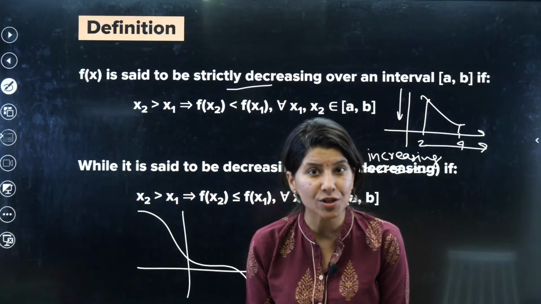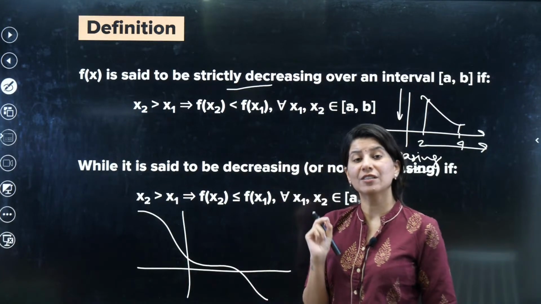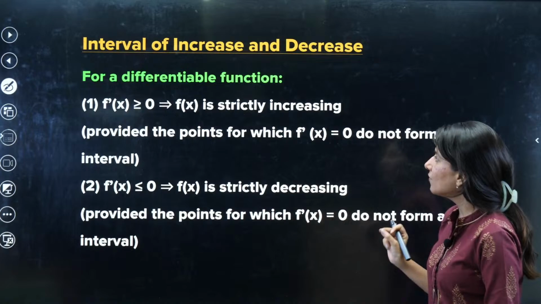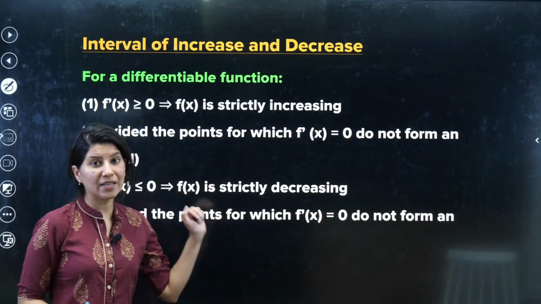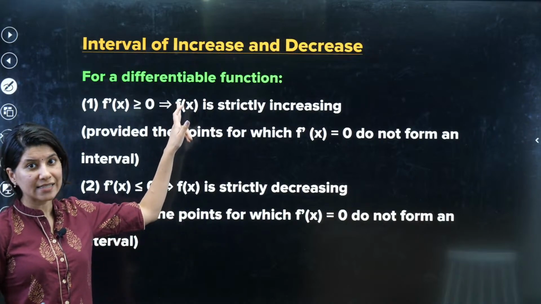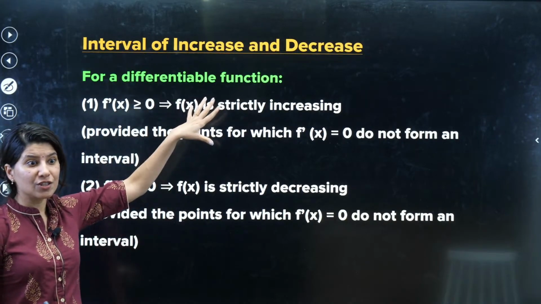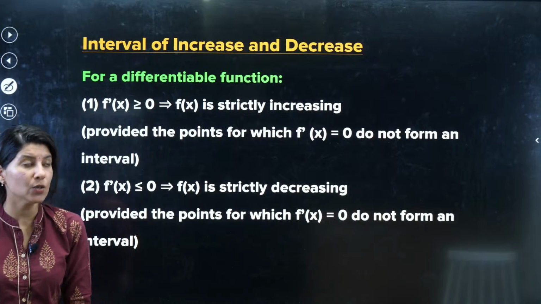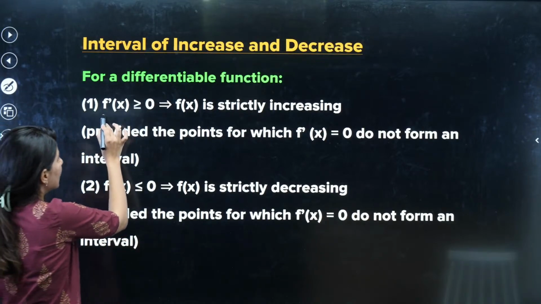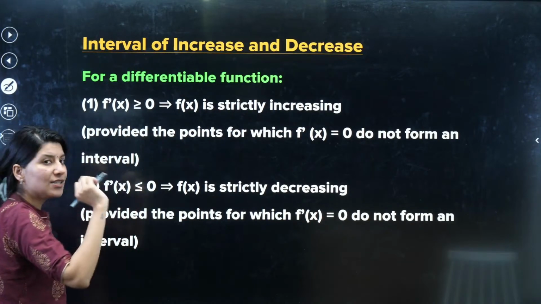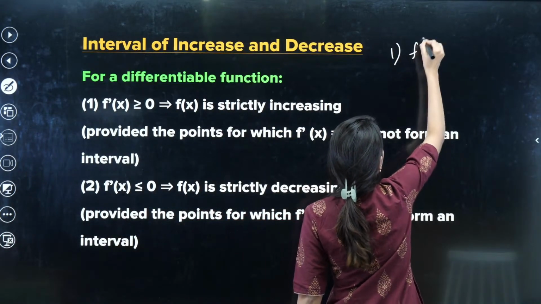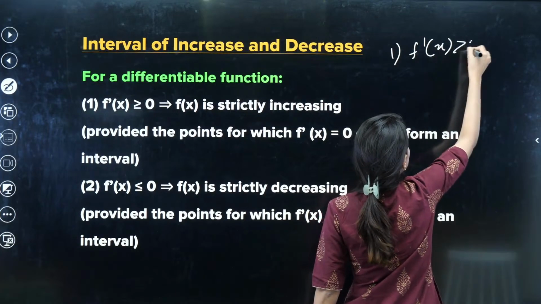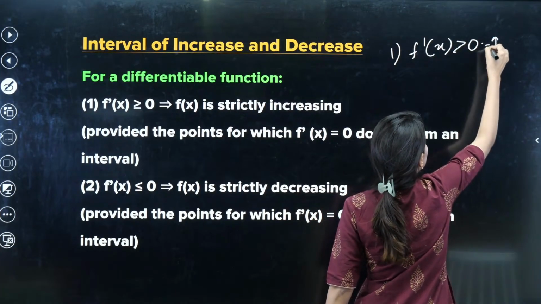To solve a question, we have a tool which is the first derivative. This is applicable for a differentiable function. This is not a definition, this is just a tool that you can use. If my f dash x is greater than 0, that means my function is definitely strictly increasing.